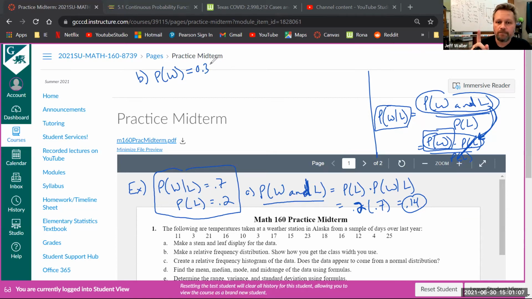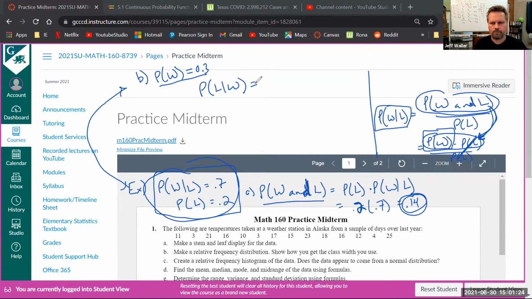Now, it's the same problem. You with me? This is all the same problem. Everybody with me? We know all this, and now I know this, correct? Can you figure out what this is? Is it just 0.7?